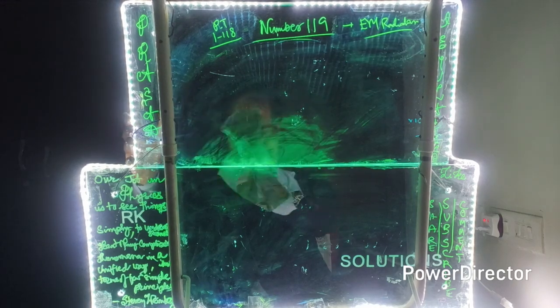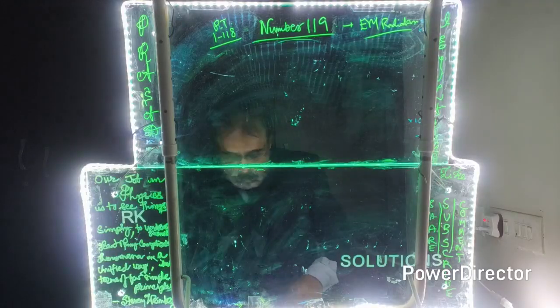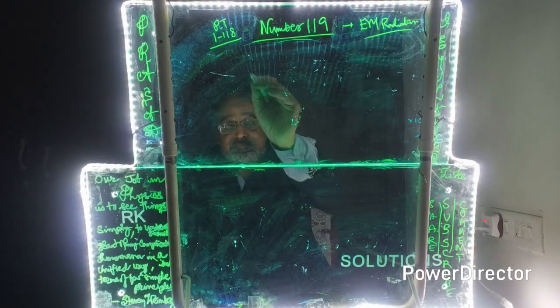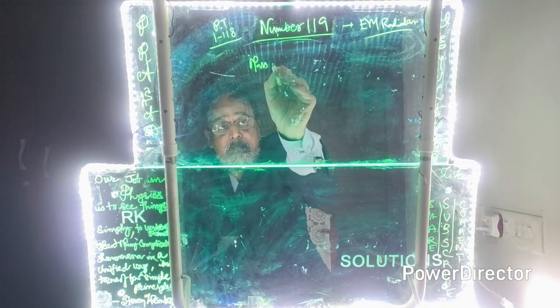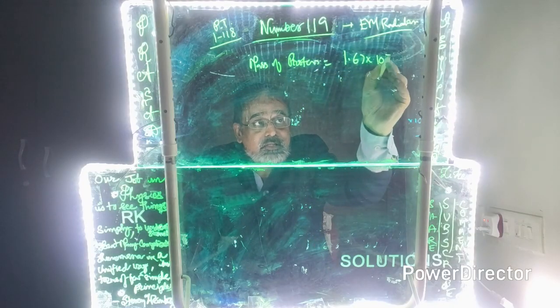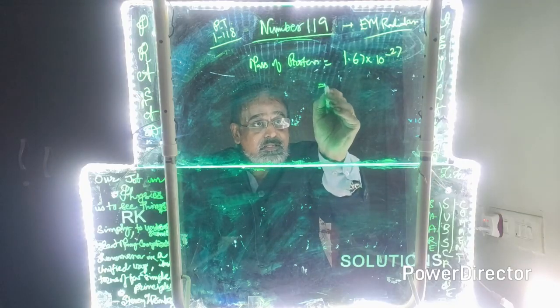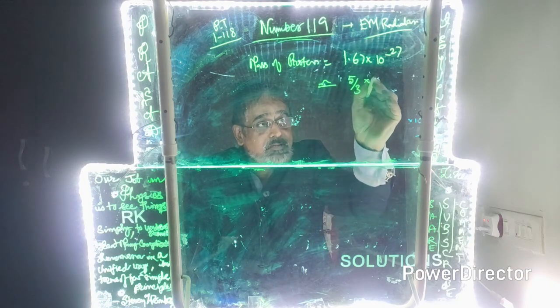Let me rub this off. It takes a while. Okay, now the mass of proton is equal to 1.67 into 10 to some power, right? This is approximately equal to 5 by 3 into 10 multiple.